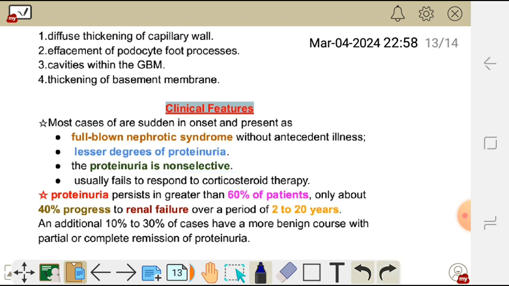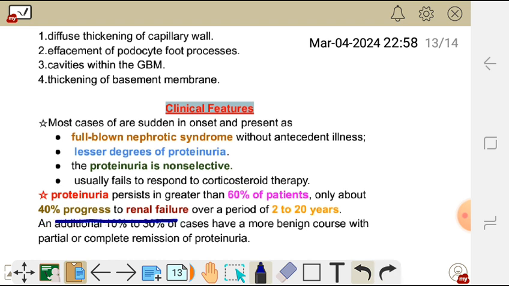Okay, so apart from that, when it comes to therapy response to corticosteroid, most patients fail to respond to corticosteroid therapy, and proteinuria is going to persist in greater than 60% of patients, and only about 40% progress to renal failure.